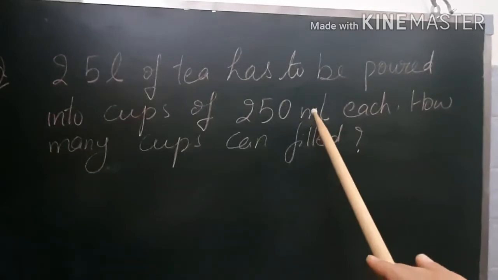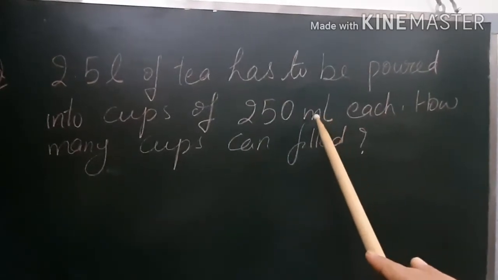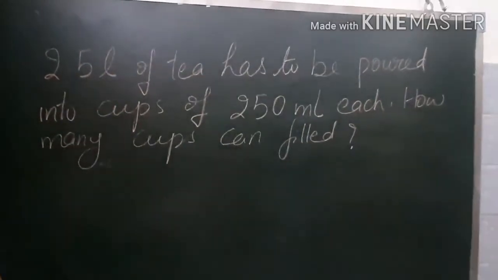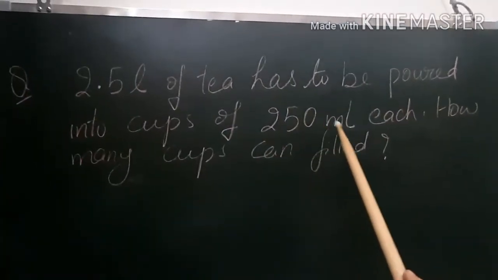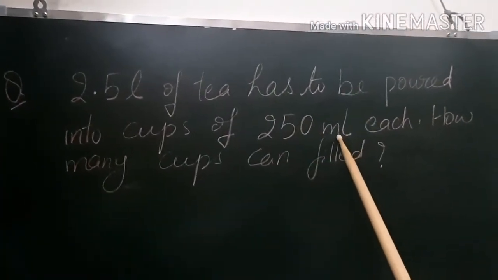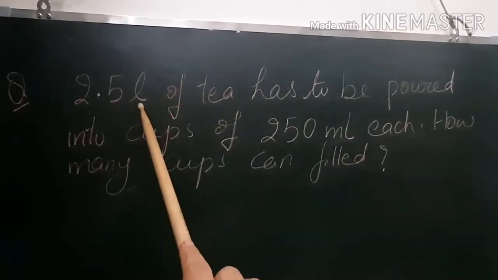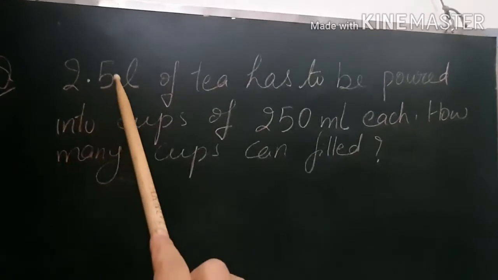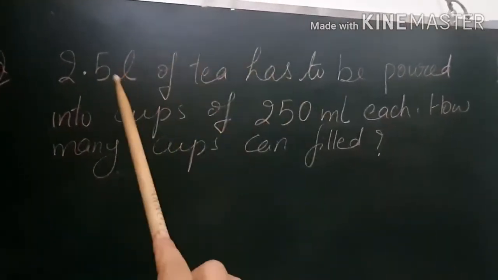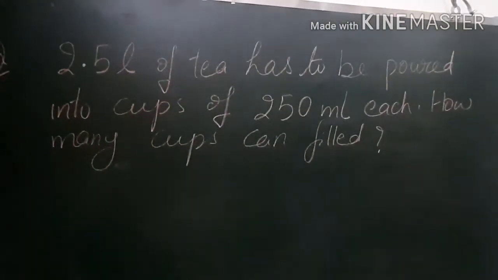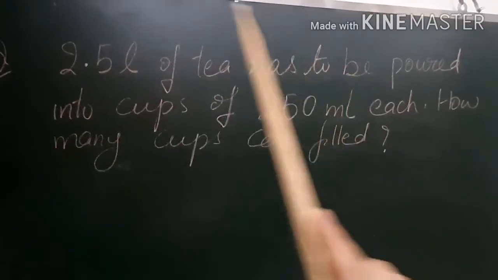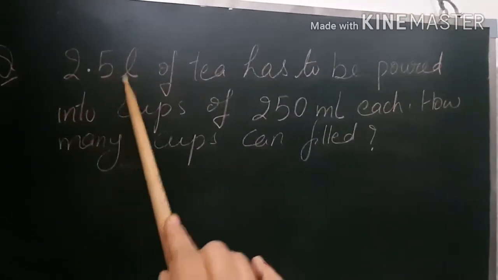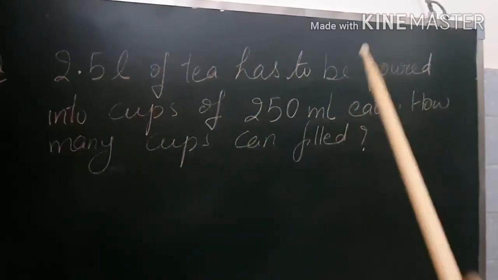As I said in my previous section, whenever you have two different units, make them one. Here, two different units, one is milliliter and another is liter. So we have to convert these two into one unit. As milliliter is smaller than liter, we convert liter into milliliter first.